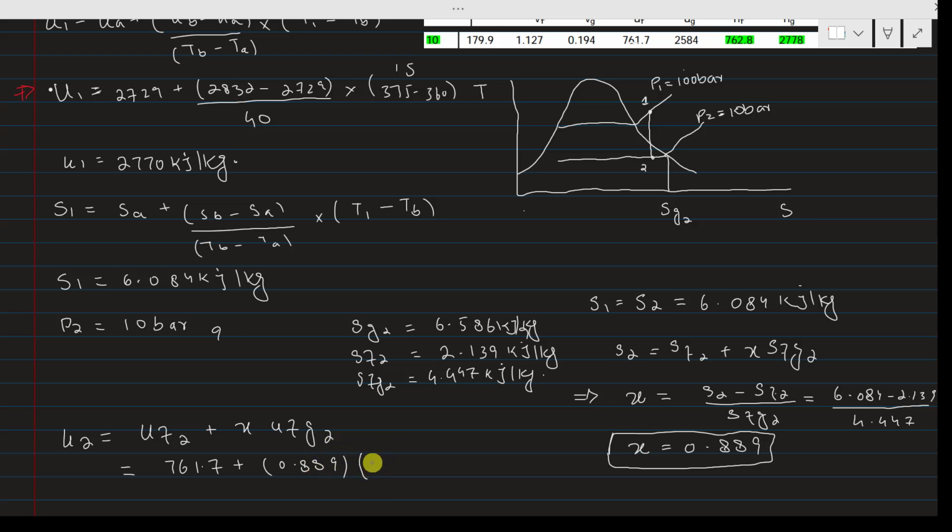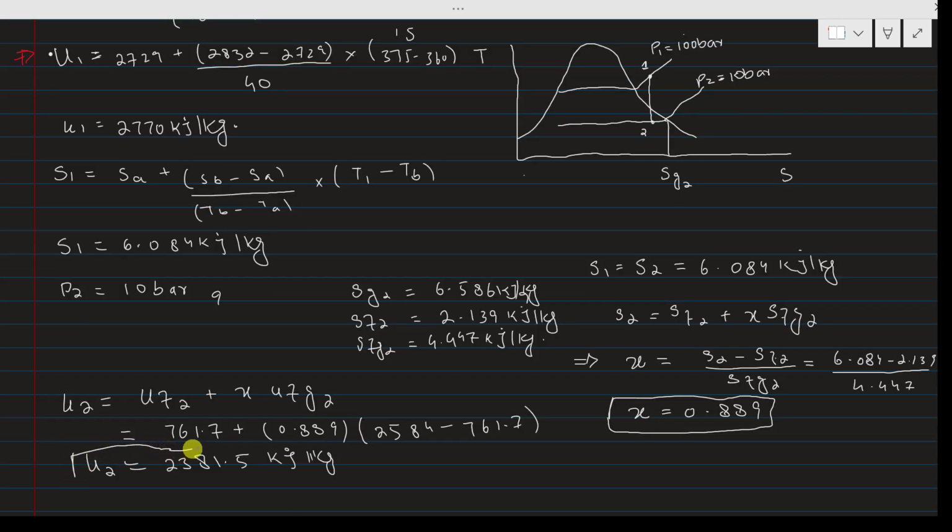The Ufg2 value means the difference of Ug minus Uf. What is the Ug value? That is 2584, minus Uf2, that is 761.7. After simplification, you will get the internal energy at state point 2, U2, that is 2381.5 kilojoule per kg. So the properties at state point 2 and at state point 1 have been determined.